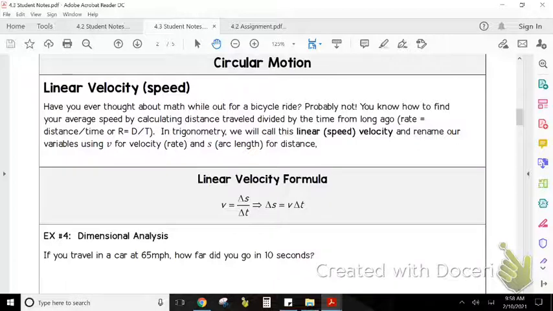In trig, we will call this linear speed or velocity, and we name our variables using v for velocity rate and s for the arc length for distance. All right, so they told us here then our linear velocity formula, v is equal to the change in s over the change in t, or the change in s is equal to velocity times the change in t.